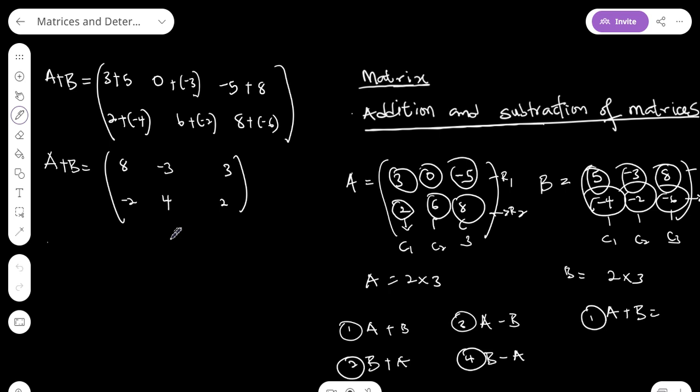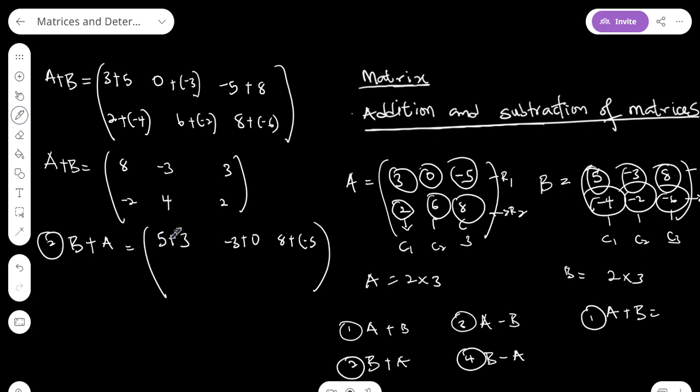Now, question 2 says, find B plus A. So B plus A will equal, of course, we are adding B first now. The element of B comes first before the element of A. So we have 5 plus 3, the element in the first position of B adds the element in the first position of A. We have minus 3 plus 0, and 8 plus minus 5.